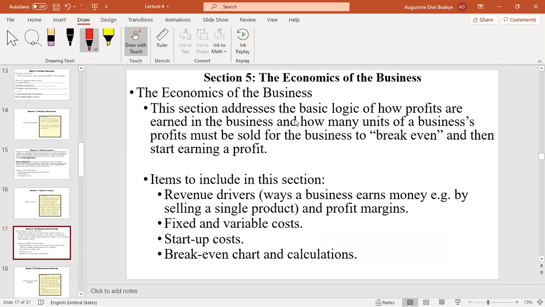Then the next section is the economics of the business. This section basically addresses the logic of how profits will be earned and how the enterprise is likely to break even in its germinal stages and when it is likely to start earning profits.